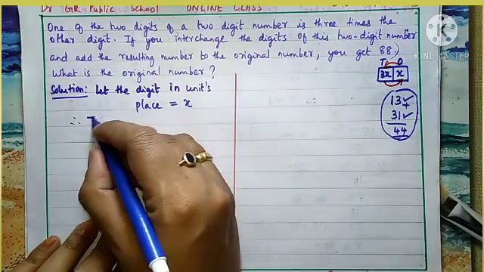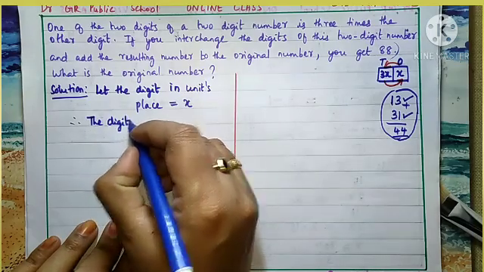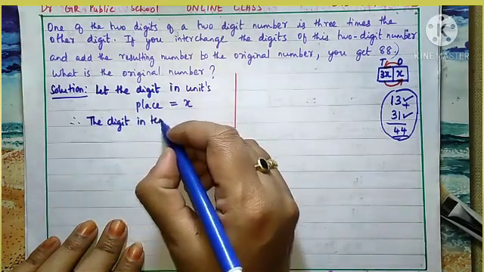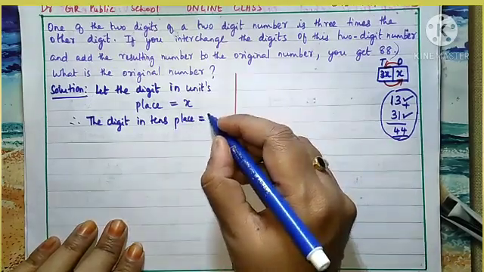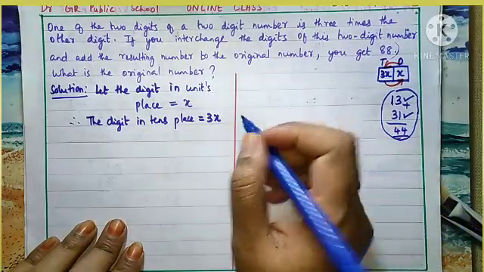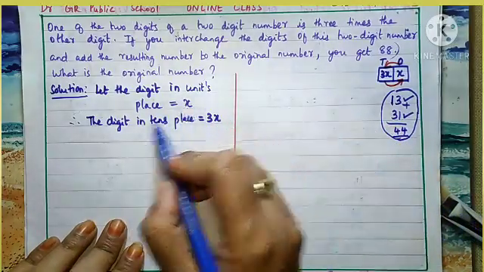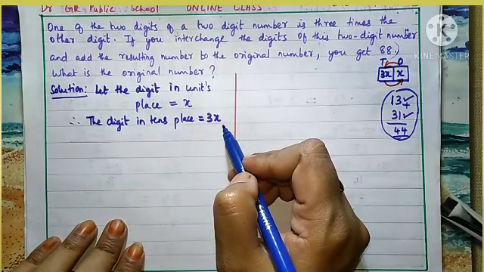Therefore, the digit in tens place equals 3 into x, 3x. Understood this, all of you? So one digit I am taking as x, so the other digit will become 3 times that x.